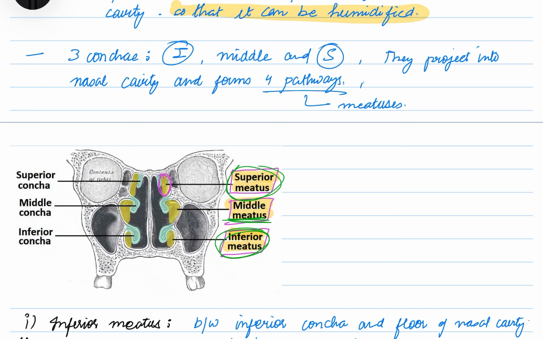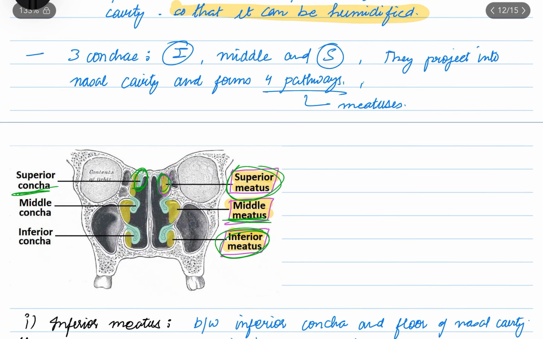The ones marked with yellow are the meatuses, and the blue markings are the conchae. The blue marking is the superior concha, and the one marked with yellow is the superior meatus.